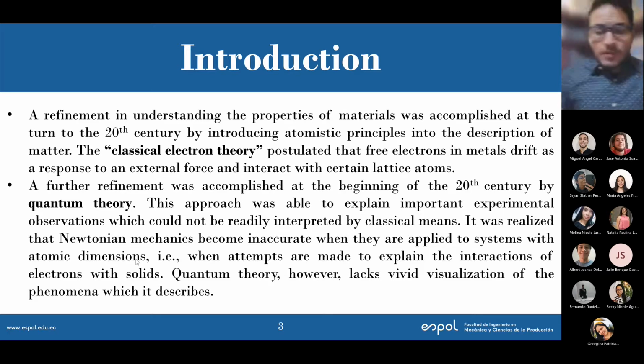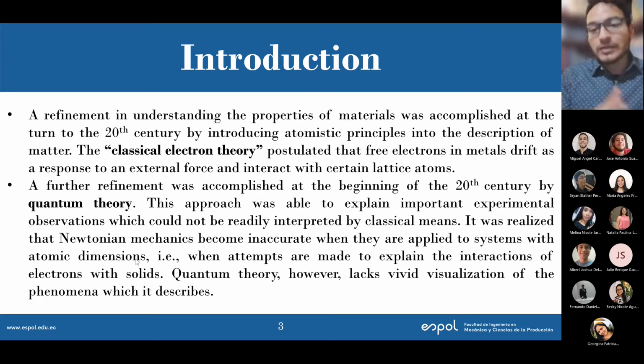But then, let's say around, actually probably mid-20th century, the main theory was developed, the quantum theory. This approach was able to explain all the important experimental observations which were not, at that point, able to be explained by classical means.